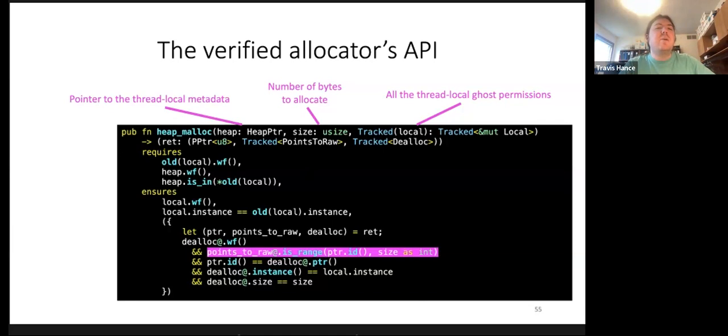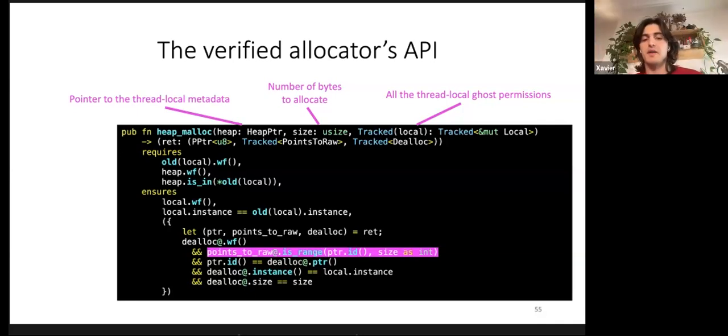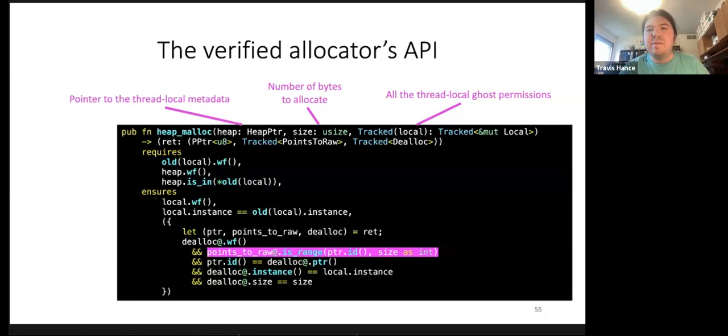So the client could say, well, I have a points-to for one pointer, and I have a points-to for a second pointer. Since I have two points-to objects, they must be different pointers, right? You can essentially invoke that property if you have two points-to objects to show that they're disjoint. This is basically an axiom about them. Does that answer your question? It wasn't my question, but oh yeah, it does. Well, whoever's question it was. Yeah. Perfect.